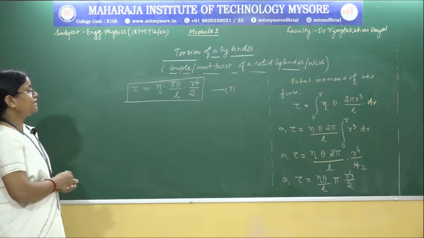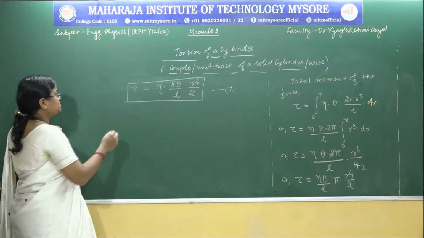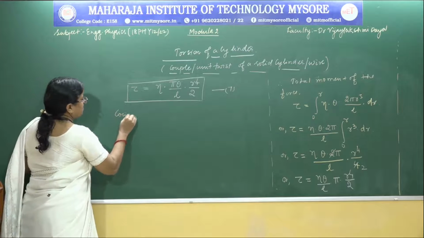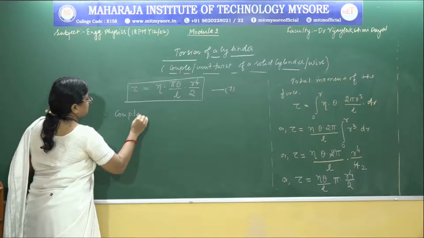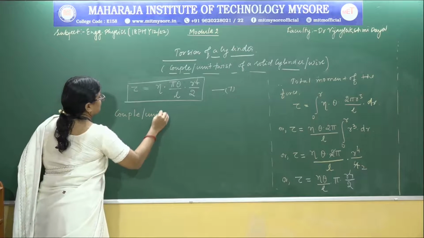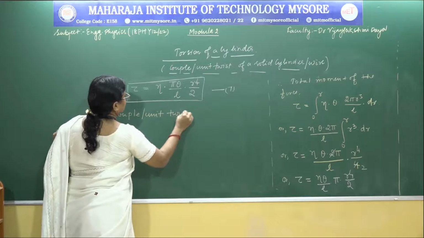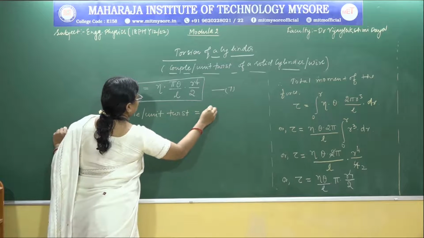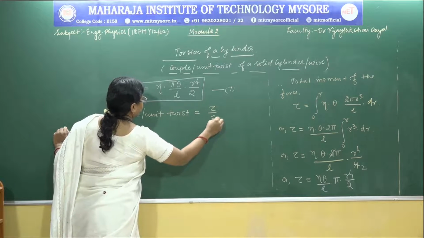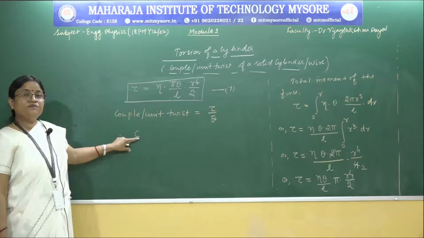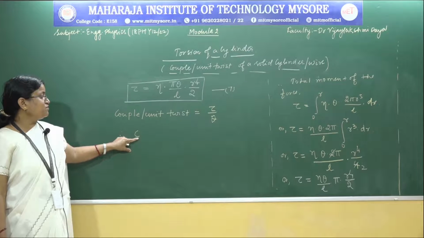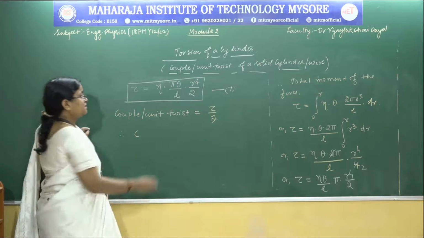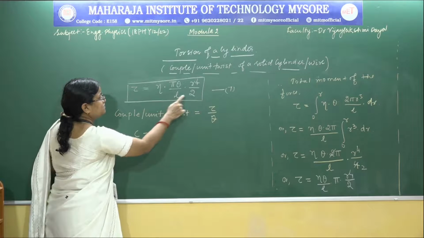Now what we have to find out is couple per unit twist, which is equal to tau divided by theta. If we denote couple per unit twist by C, then that will be equal to tau divided by theta.